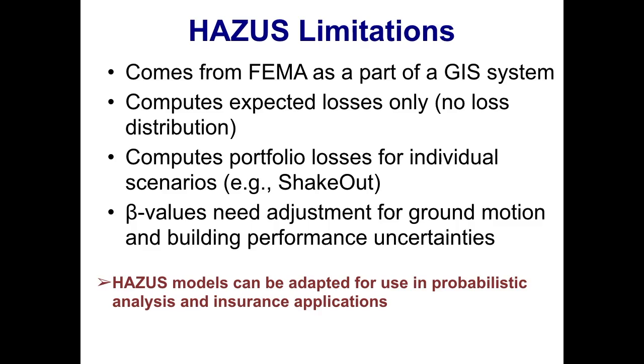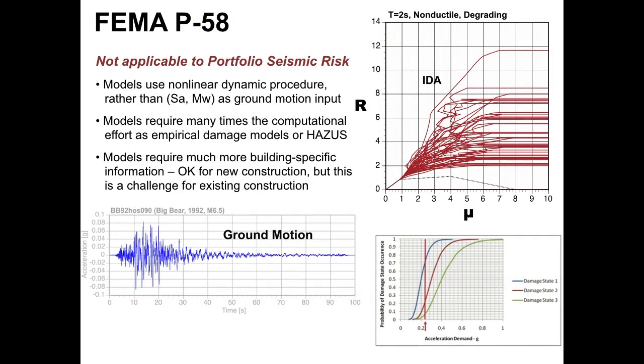Now a question comes up: can we use FEMA P58 and incremental dynamic analysis and some of the state-of-the-art methods used in performance-based earthquake engineering for portfolio seismic risk assessment? And the answer is not really. The models that are used in portfolio seismic risk assessment are spectrally based, whereas the FEMA P58 methods use nonlinear dynamic procedures.